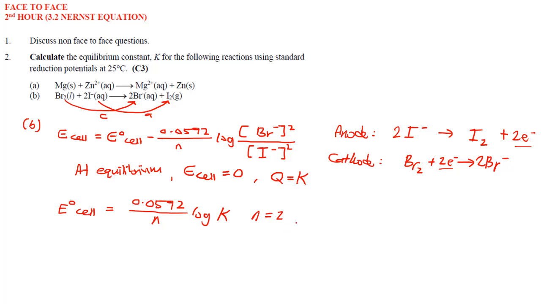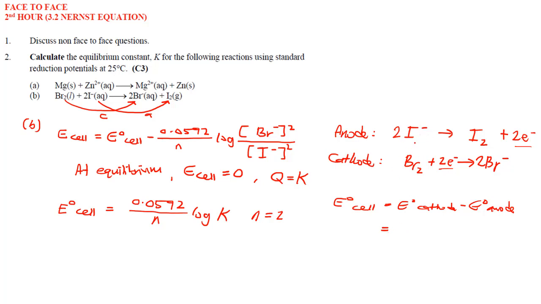Okay, so E naught cell adalah E naught cathode minus E naught anode. Okay, so cathode adalah kita punya bromine dan anode adalah kita punya iodine.